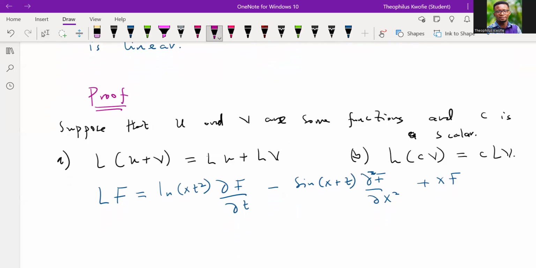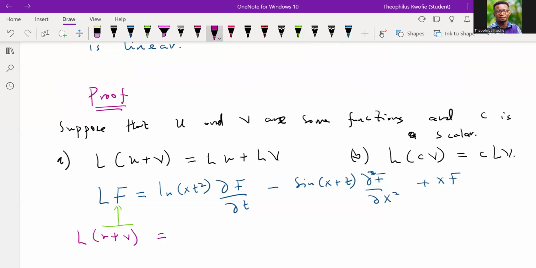If I want to utilize the first property, it just means that wherever I see f, I should replace it by u plus v. Very important. So let's move on.